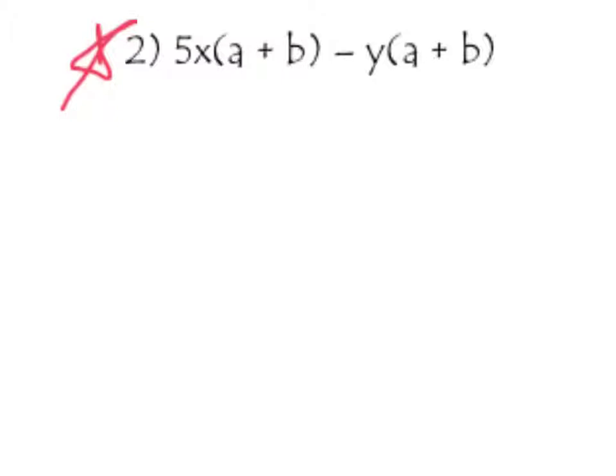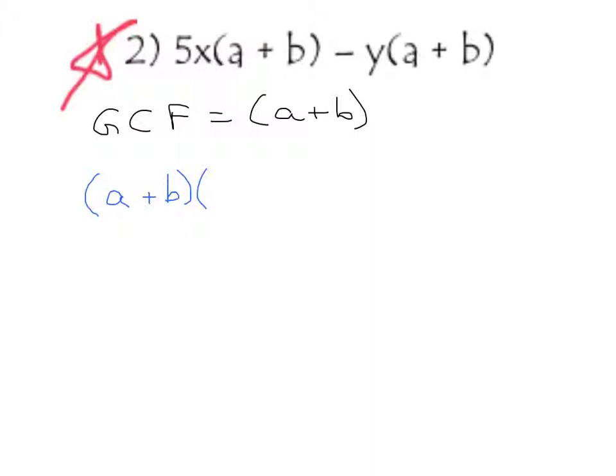Here's the second problem we're going to work, and we're going to work it because there is a greatest common factor. If you have a binomial, you need to have parentheses around it for this to be true. If the binomial is identical to another binomial, then they are the same, and that means this expression has the greatest common factor of A plus B. So we write that down, and then we find out what's left.